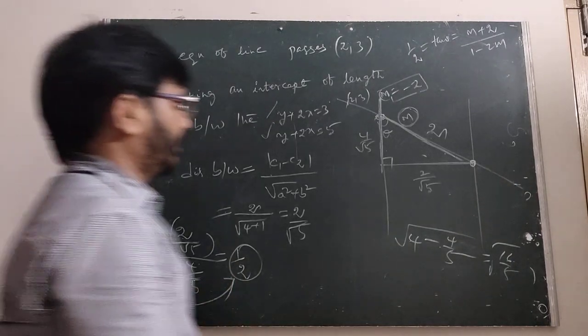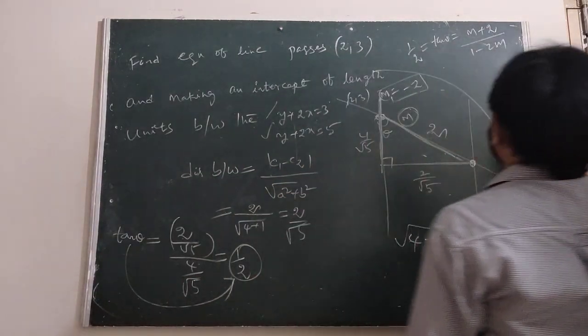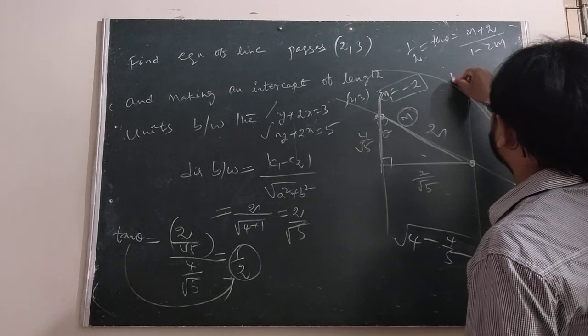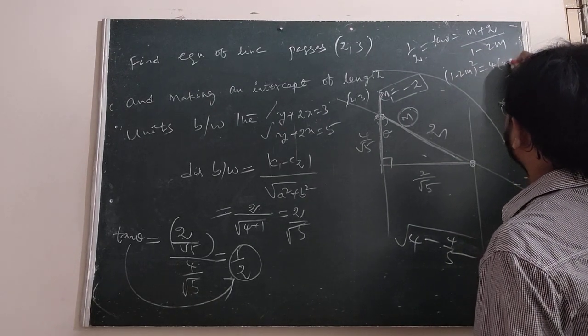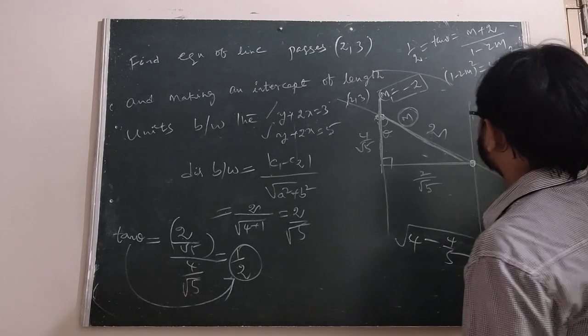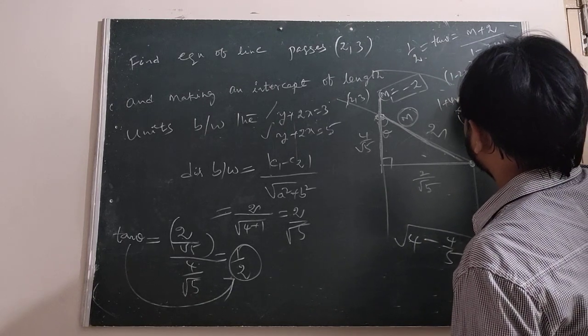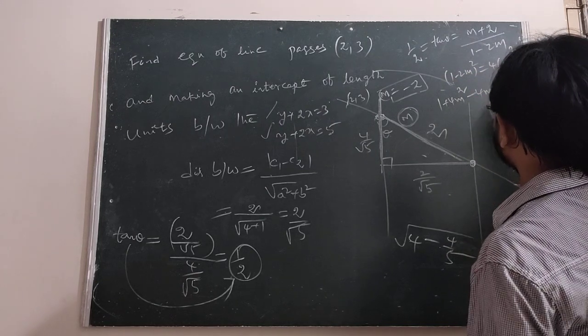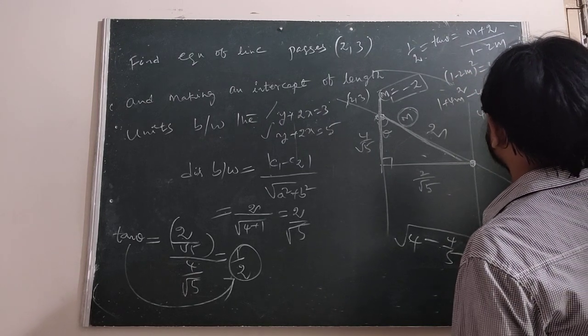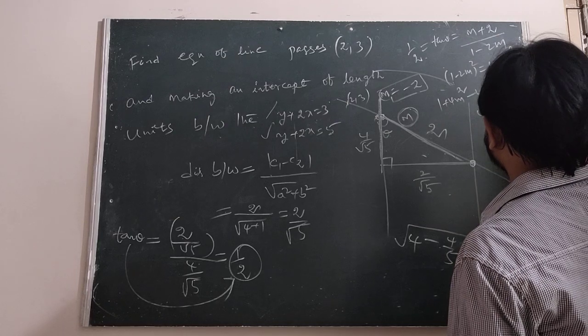Now how to get this one? (1 minus 2m) whole square equals 4 into (m plus 2) whole square. This is a square plus b square minus 2ab. This is 4 into m square plus 4m plus 4.